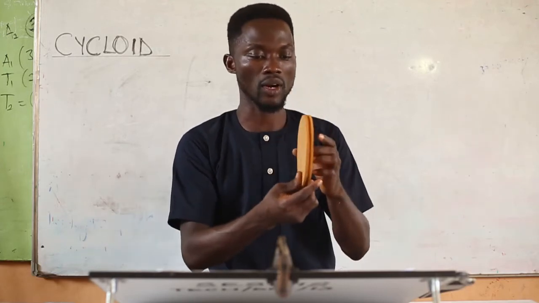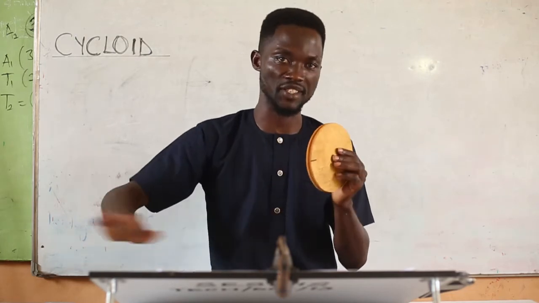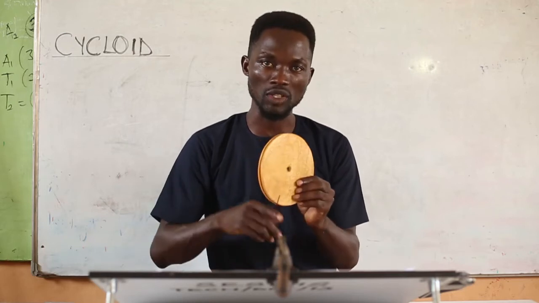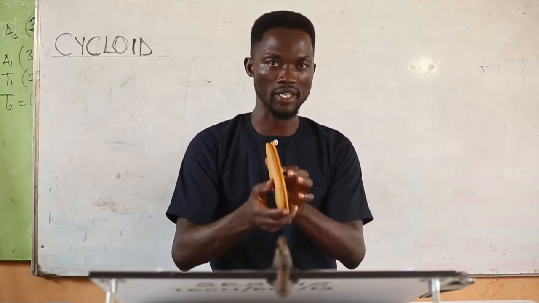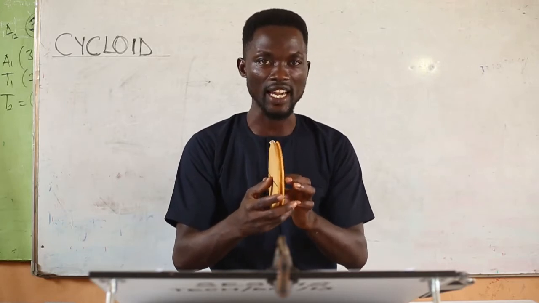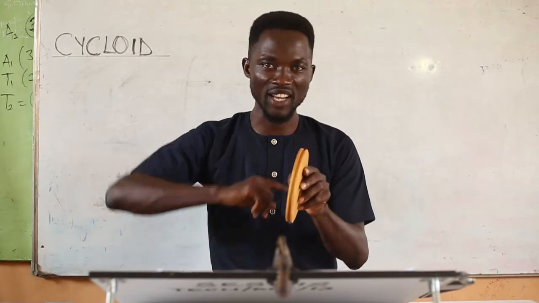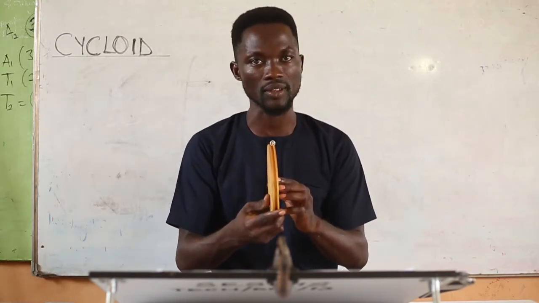When this circular object is placed on a horizontal surface and rolled along it without slipping, it has to go straight. It will generate a curve at the end of one revolution. That curve generated by this circular object is what we call a cycloid.